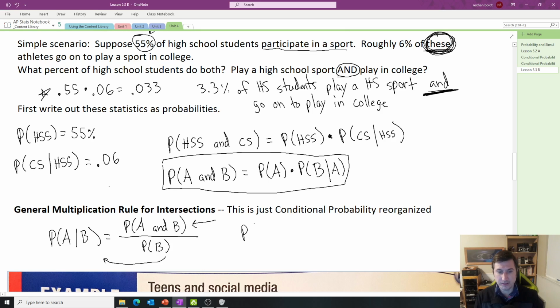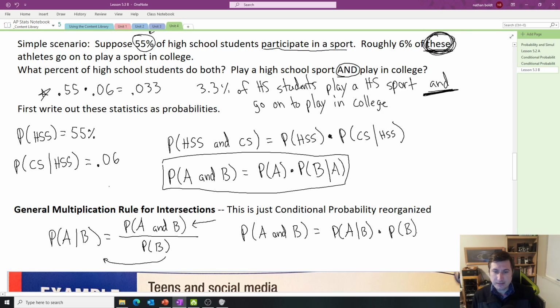So the probability of A and B is equal to the probability of A given B times the probability of B.